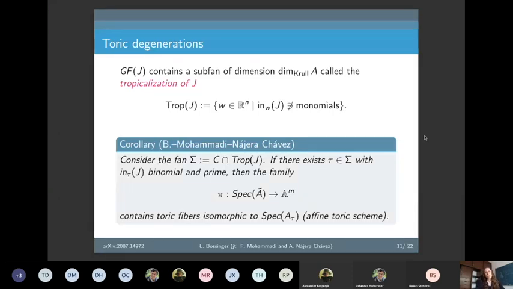So this is how, if I'm lucky, I can find toric degenerations, and this is really not always the case. We will see a bit later, for Grassmannians, very nice examples where we can find lots of toric degenerations of this sort, but in general there's no result that would tell you, depending on what cone you choose, that you would actually find toric degenerations in this kind of family.